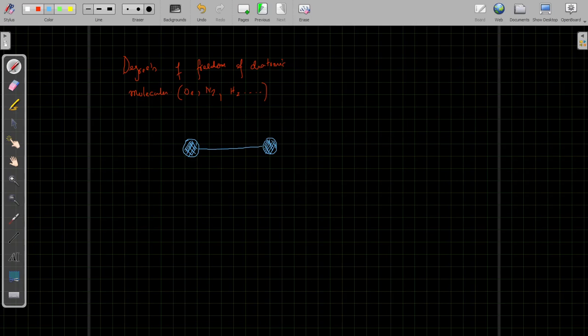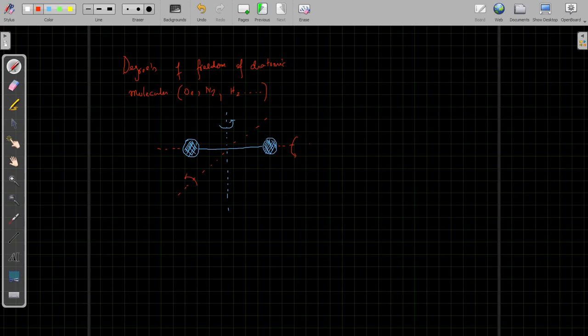They will have a center of mass also. So they can rotate like this, they can rotate in this way, right? So 1, 2, 3 I can see.